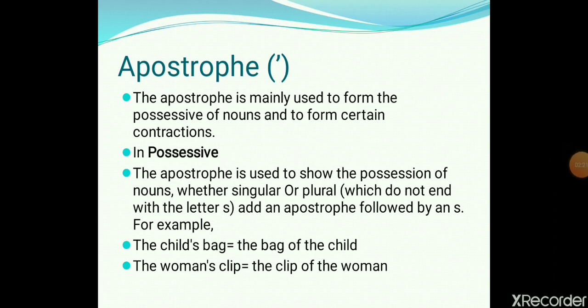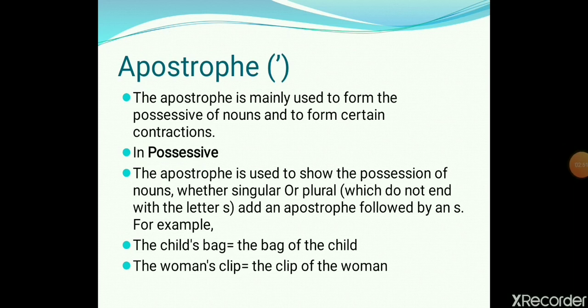Whenever there is a singular noun, we add the apostrophe before S. That is why in the child's bag we put the apostrophe before S. Understood? If I say the child's bag, I am talking about the bag of the child. We are saying that the child is the owner of the bag.